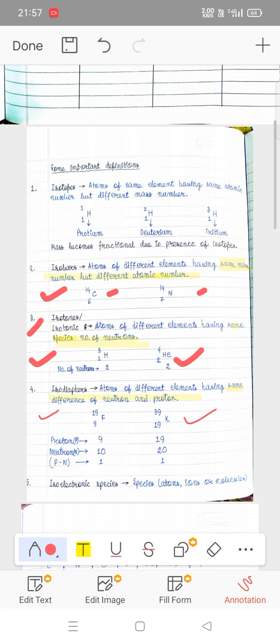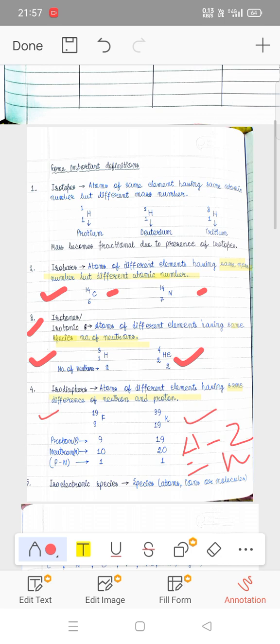Now neutron in fluorine, how is neutron calculated? Mass number A minus Z gives you neutron. That is mass number minus atomic number equals number of neutrons.